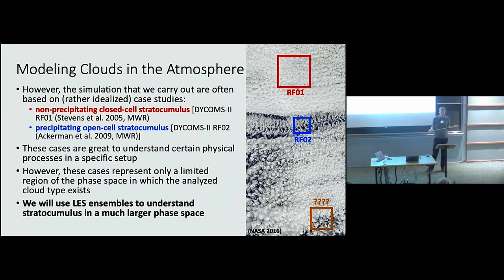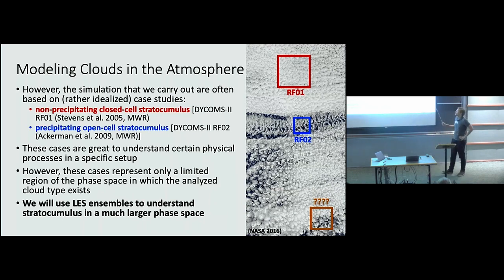However, we somehow tend to only model certain cases. So there are specific cases, which Anna also touched upon in the literature, which are simulated over and over again. For my talk, of primary importance are stratocumulus cases, and there are two rather idealized cases which are usually used.